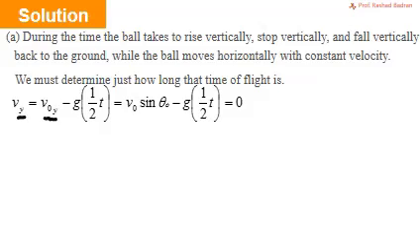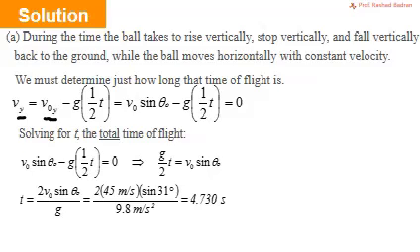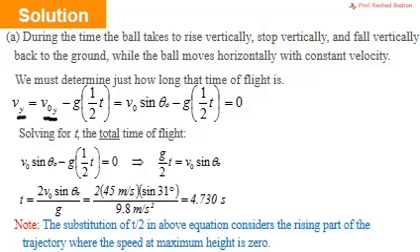So we just put all this information in, and then t as the total time of flight is obtained as 4.7 seconds. And again, we have to put emphasis here on this value. When it's substituted, it is substituted as half the total time of flight, because this is the time when the ball reaches the maximum height.